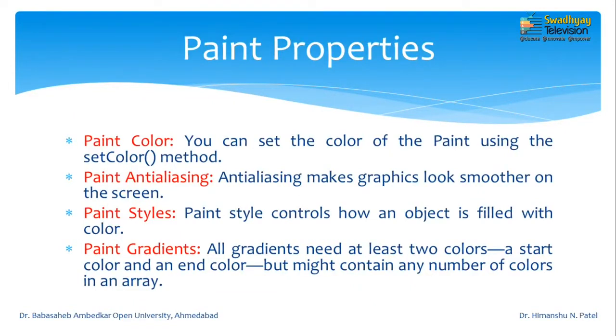These gradients specify the shades of different colors that you can use. All gradients need at least two colors, a start color and an end color, and in between the start and end colors there are various shades of color that are automatically rendered by the gradient. These might contain any number of colors in an array. So minimum two colors are required, but you can use as many colors as you specify.